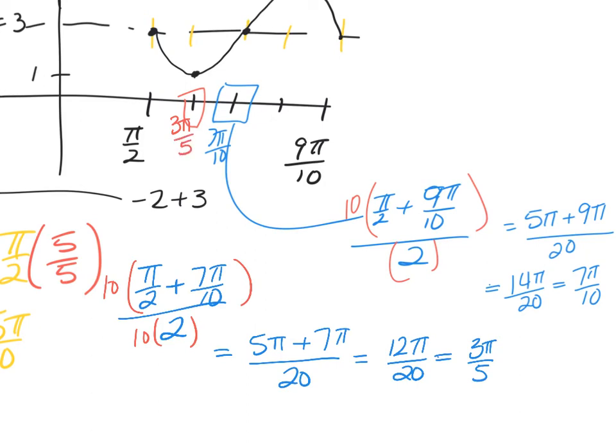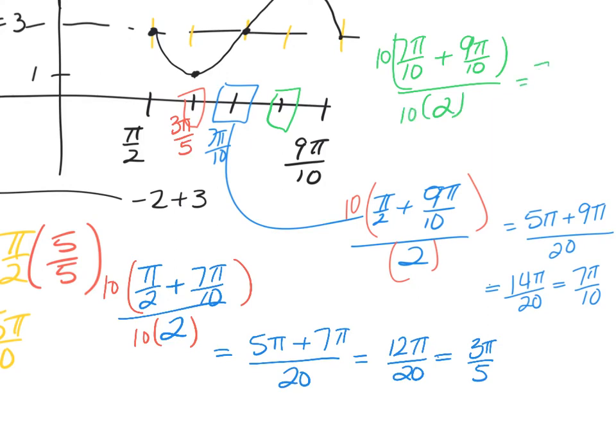I'm going to do the same thing for this point. I'm going to take my beginning, which now is 7 pi over 10, plus 9 pi over 10, divide it by 2, and multiply everything by 10 again.